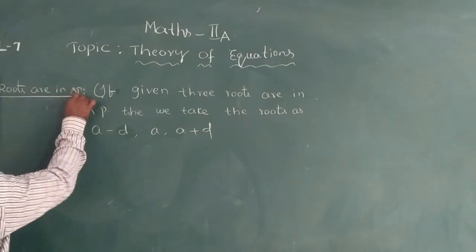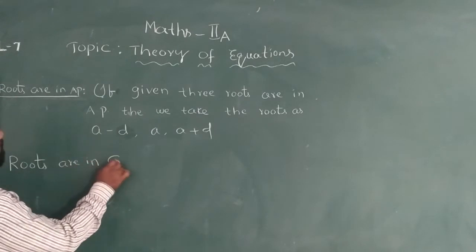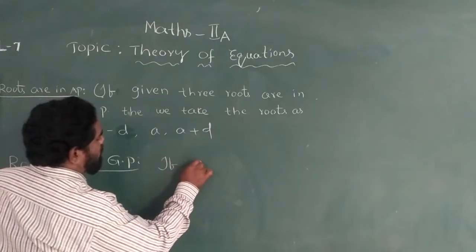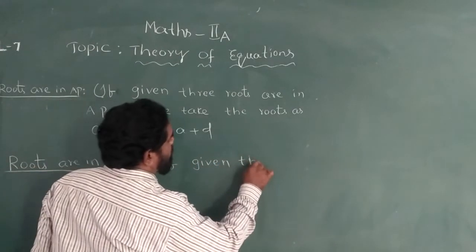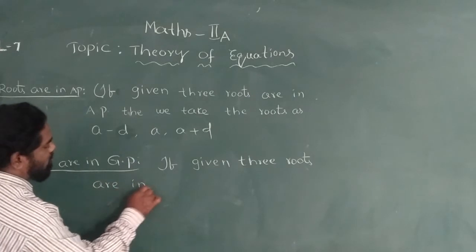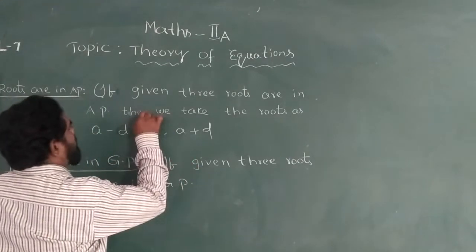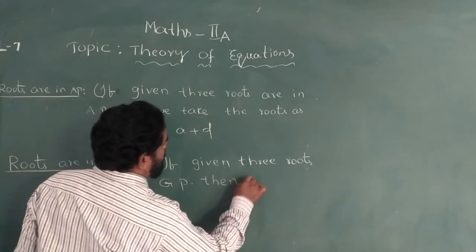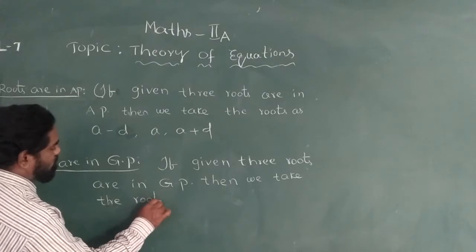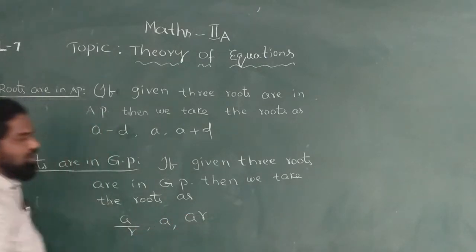If roots are in GP, understand? If the given three roots are in geometric progression, then we take the roots as a by r, a, a r.